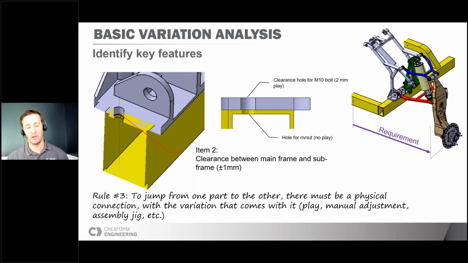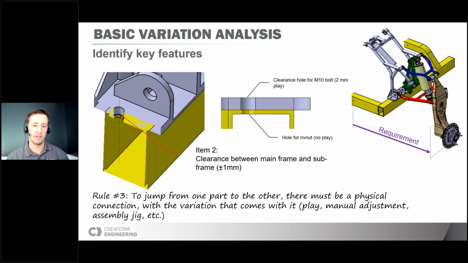For example, here on the mainframe, we have a hole which, it's not within the design, but this kind of information when you do the stack up, you have it not too far. There's a hole that is used to install a rivet nut, which will be threaded for a 10 millimeter bolt, and you have a clearance hole on the subframe, let's say a 2 millimeter clearance.